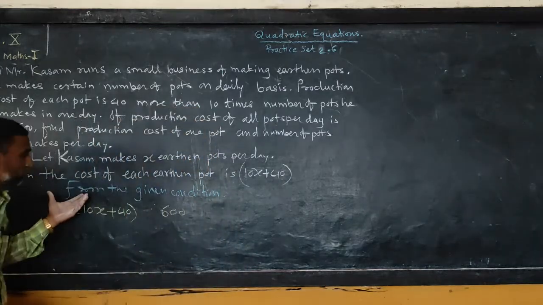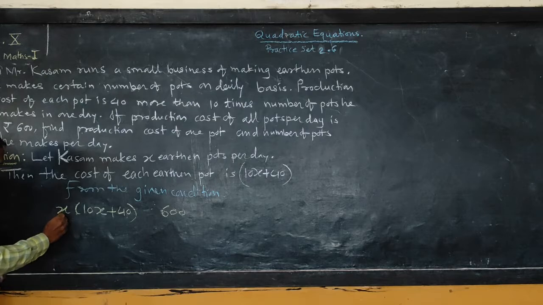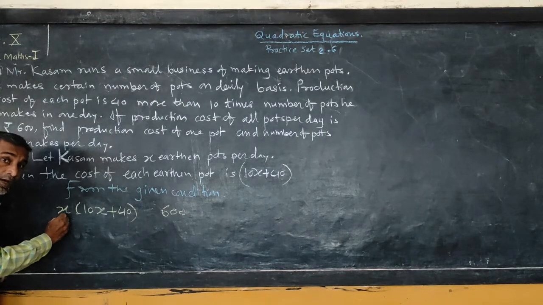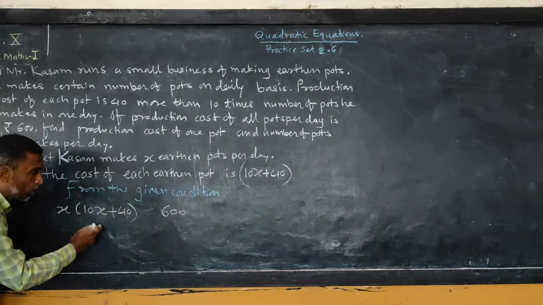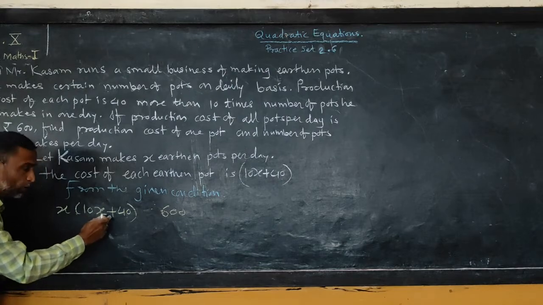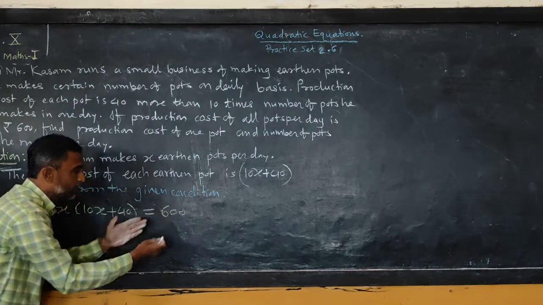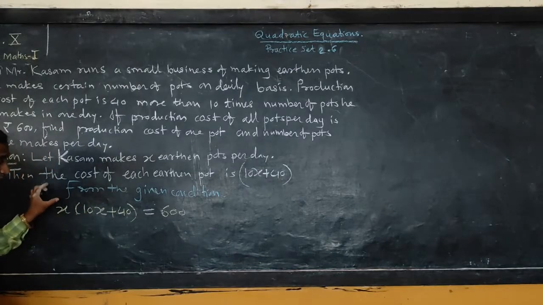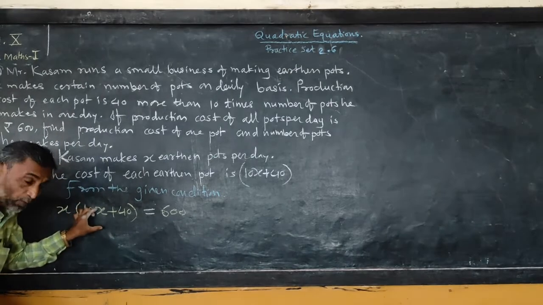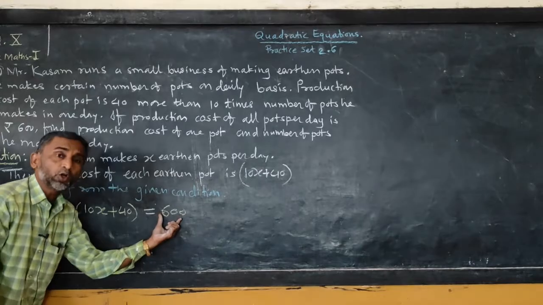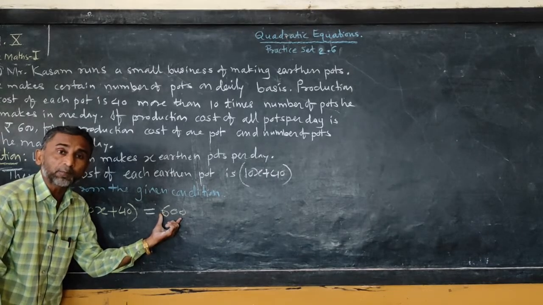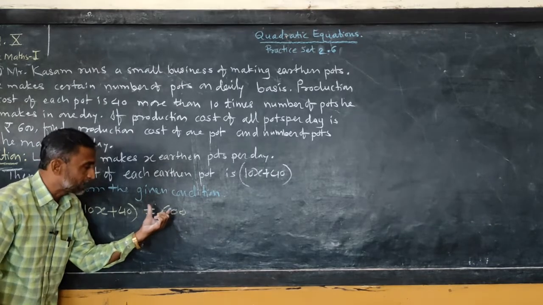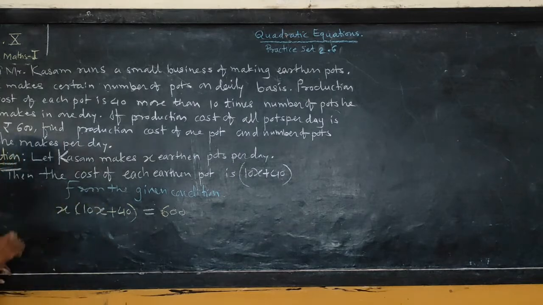So, from the given condition, x, that is number of pots in one day, into cost of each pot 10x plus 40 is equal to 600. Number of pots into cost of each pot is equal to total cost of all the pots he makes in one day, that is 600. In this way the equation is formed.